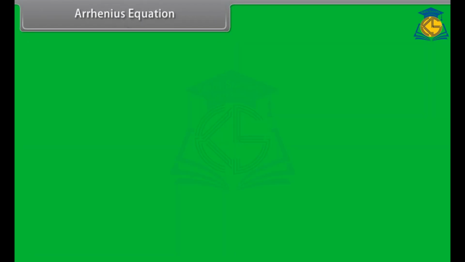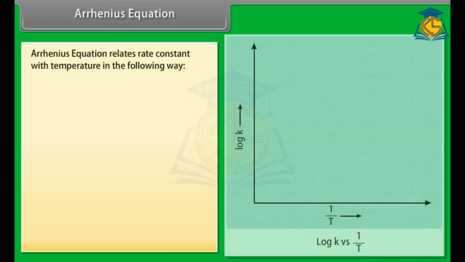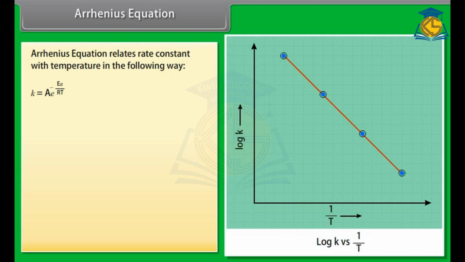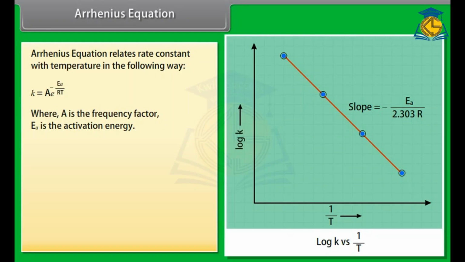Arrhenius equation. Arrhenius equation relates rate constant with temperature as k is equal to the product of A and e raised to the power minus Ea upon RT, where A is the frequency factor and Ea is the activation energy.